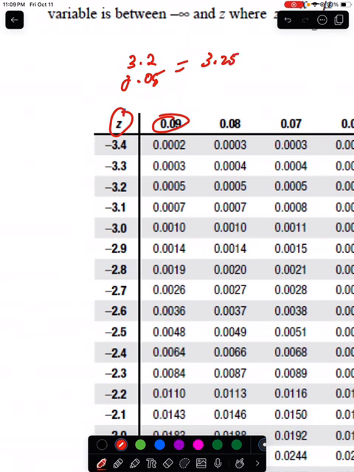And if it's a negative one, we do it like this. So it's a negative. If it's a positive, we get a positive. So that's how we will read these.